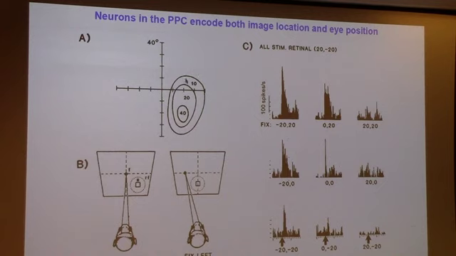We will see that the neuron will generate a large response when my target moves to a certain place in this coordinate. And for this one, it will generate a larger response when the target moves to this 20, minus 20 coordinate.